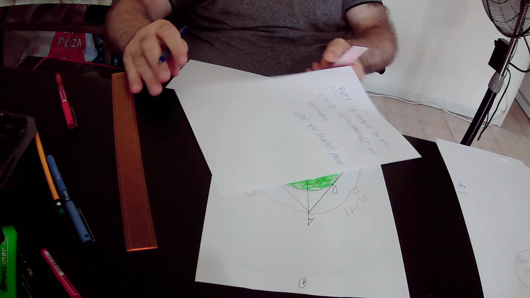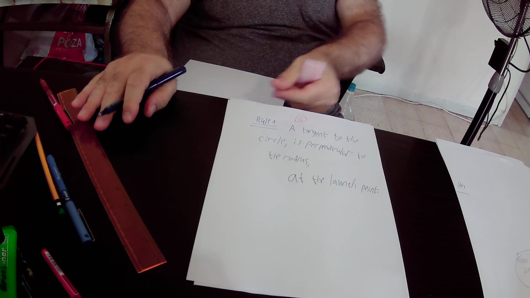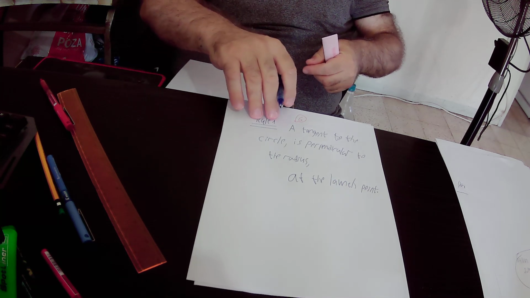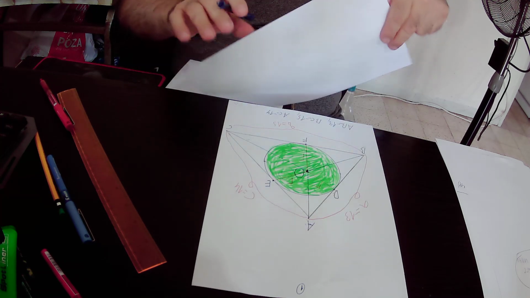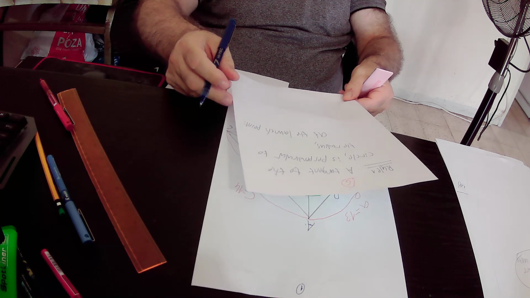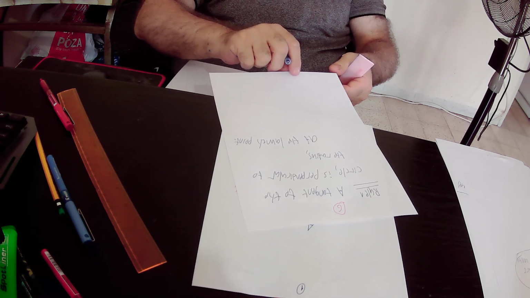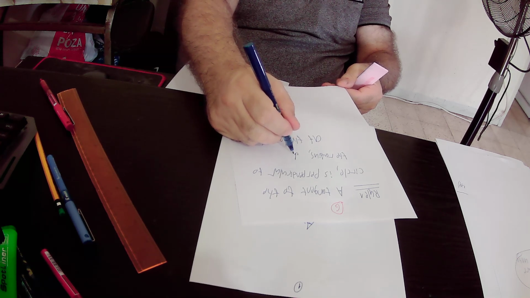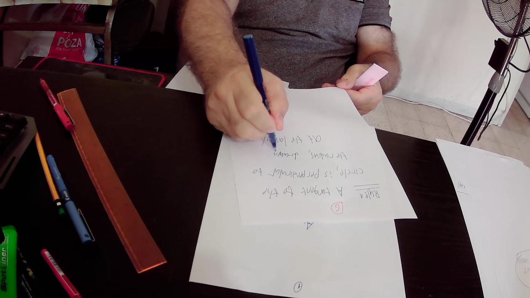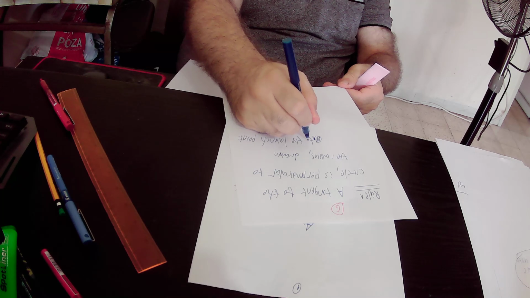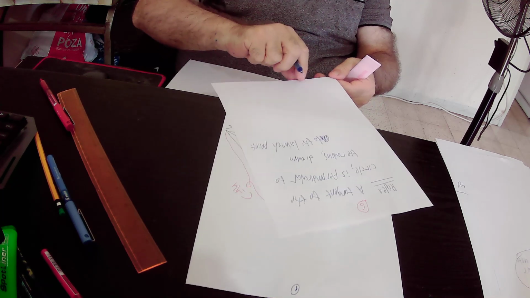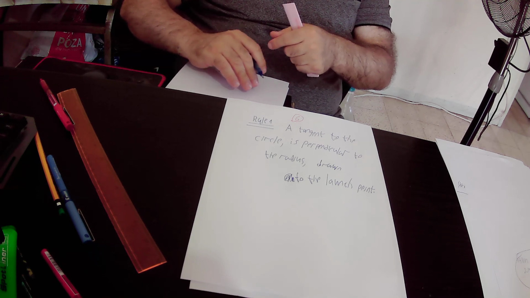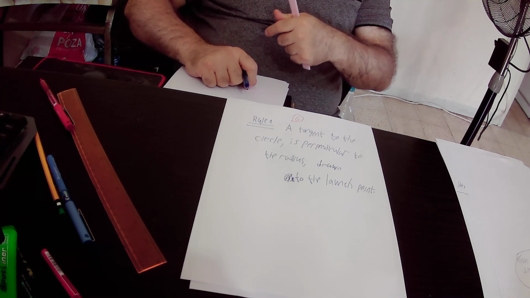I will read rule number 1 again. Rule number 1 states that a tangent to the circle is perpendicular to the radius drawn to the launch point.